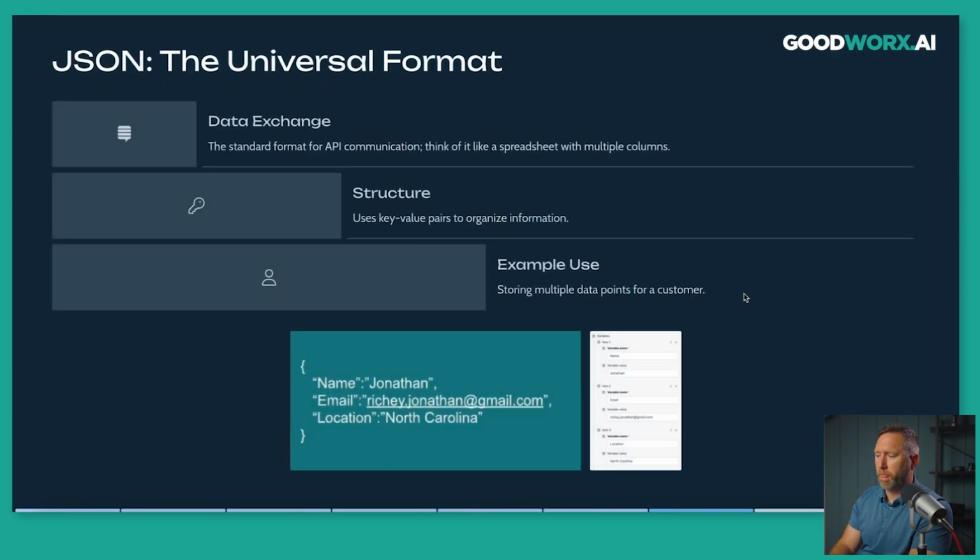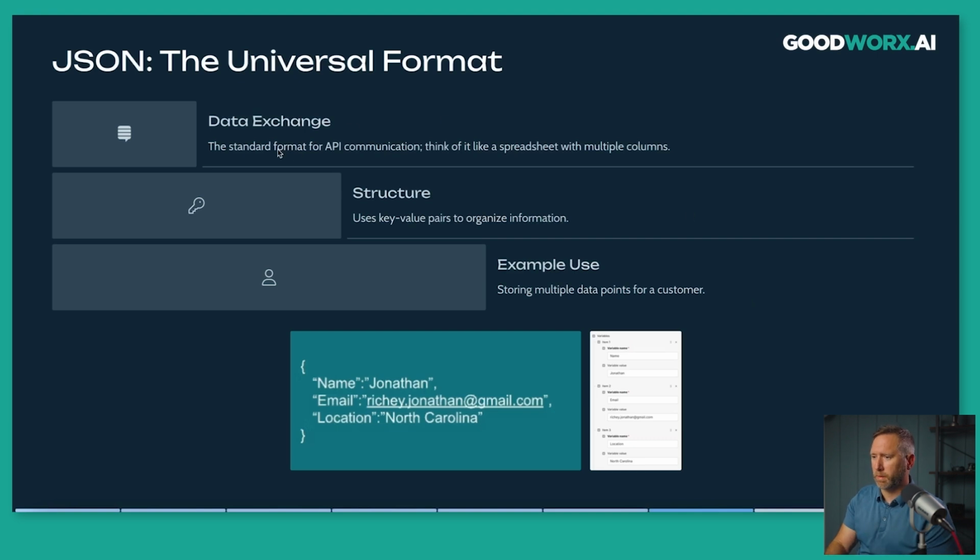Okay, let's move on. Now let's talk about JSON. JSON is a universal format used all over the world, especially when you're working with APIs. It is a universal format that is used to communicate with different services, websites, APIs, all around the world.